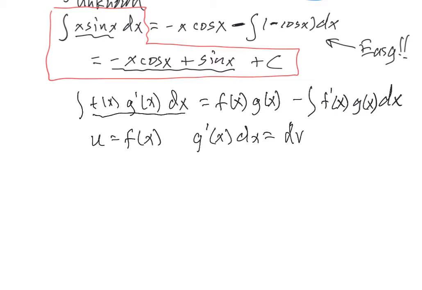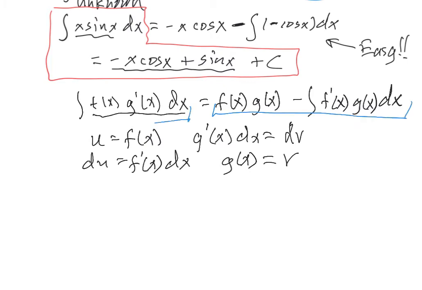And then, if u is f of x, du, the differential, is f primed of x dx. And g of x, because we have g primed and we have the differential, it's just an antiderivative. Well, the antiderivative of dv is v. So then we take the right-hand part here.